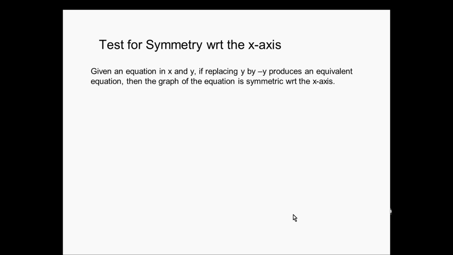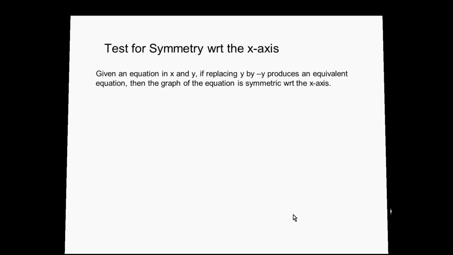So the test for symmetry with respect to the x-axis: given an equation in x and y, if replacing y by negative y produces an equivalent equation, then the graph of the equation is symmetric with respect to the x-axis. Notice, replace the other variable by its opposite. So for symmetry with respect to the x-axis, replace y with negative y, and see what happens.